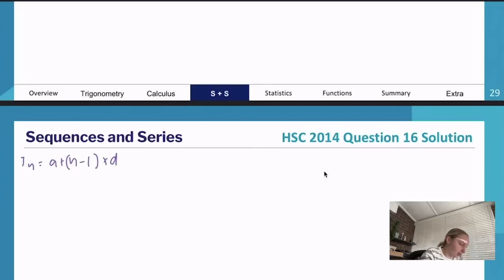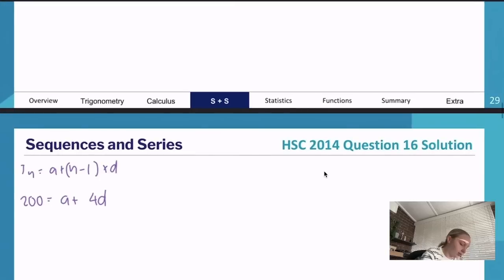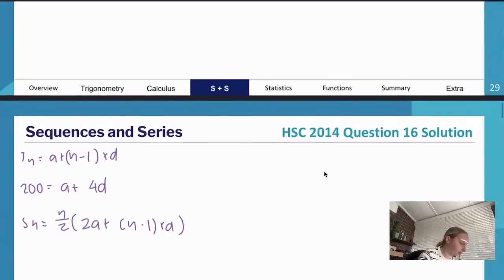So they've given us that the fifth term is 200, so we're going to get a plus 4d there. And then we've also got Sn equals n on 2, 2a plus n minus 1 times d.